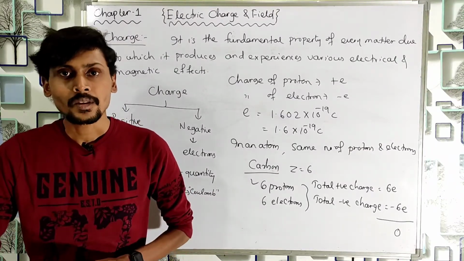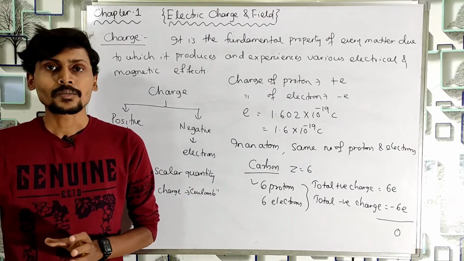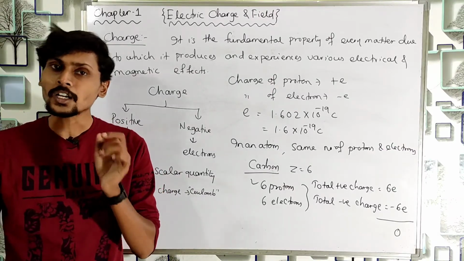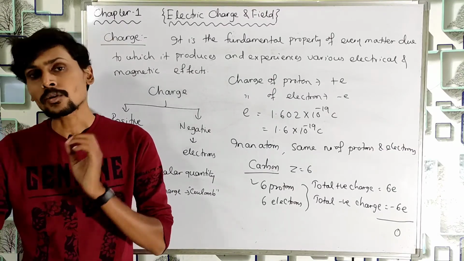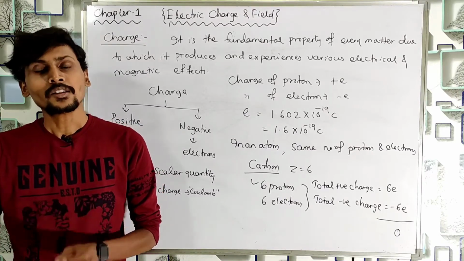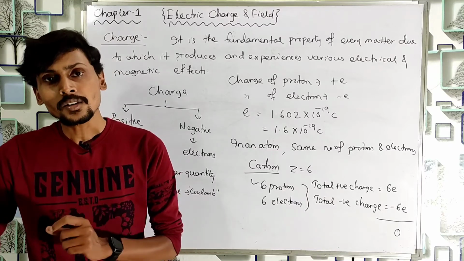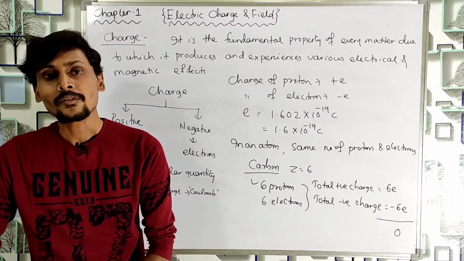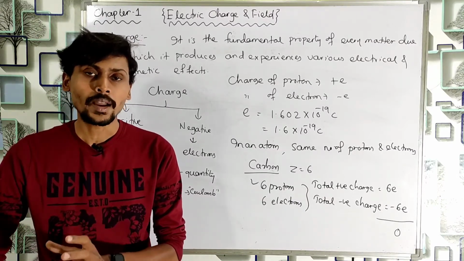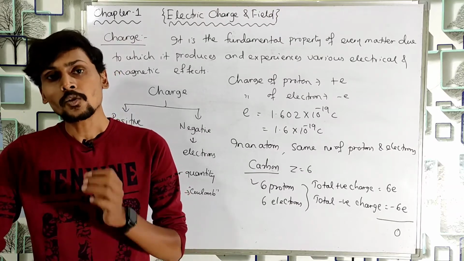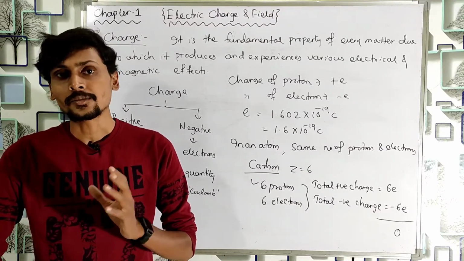Remember this statement. In every atom we have charged particles, protons and electrons, but the net charge of an atom is 0, because in every atom we have an equal number of positive and negative charges. We have an equal number of protons and electrons.